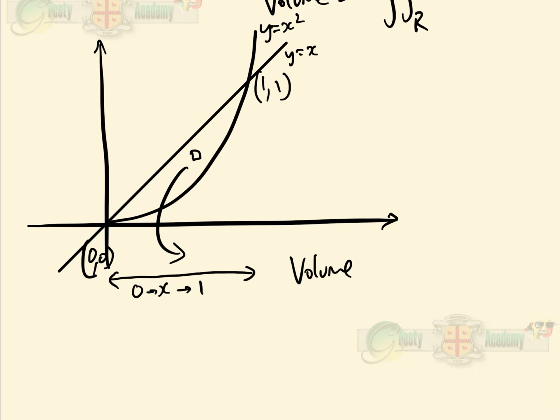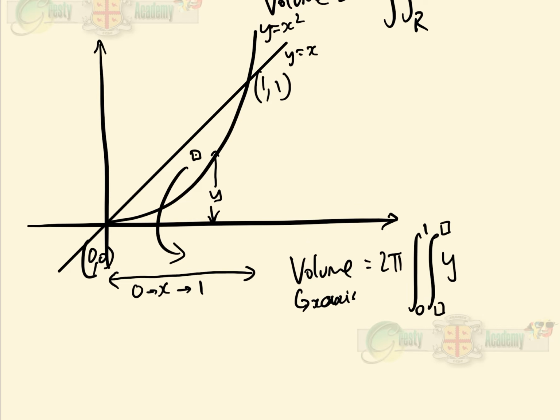So the volume around the x-axis is going to be equal to 2 pi times the double integral. We know the x part is going to be between 0 and 1. We know this distance here, the radius, is y by definition, so it's 2 pi y dy dx.